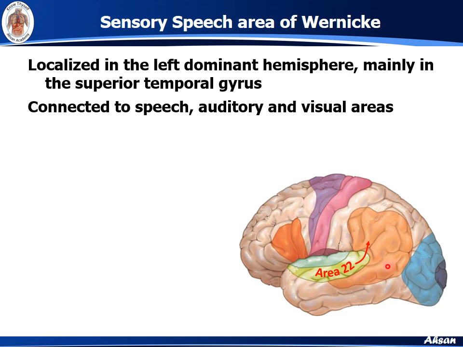It is continuous in the temporal lobe. It has widespread connections with the speech area, the auditory area, and also the visual area. It also has connections with the motor, primary sensory, and other association areas.